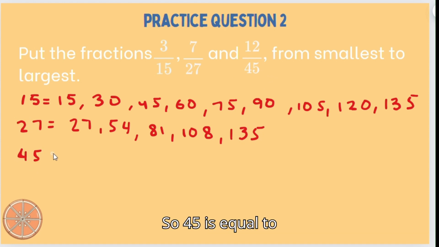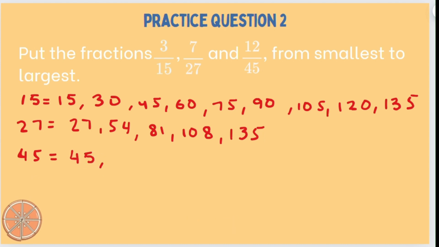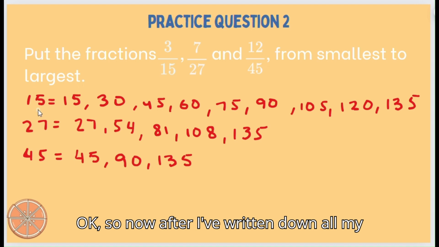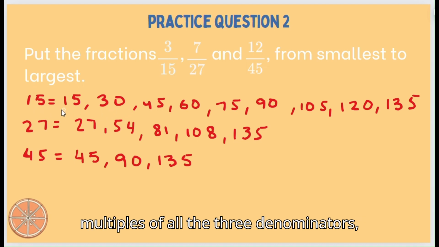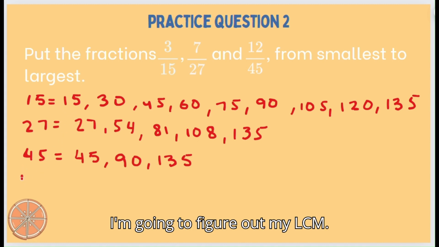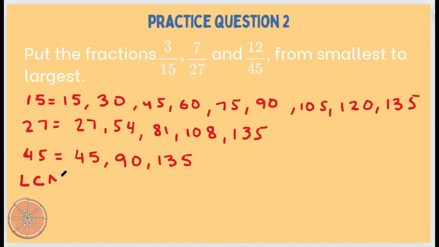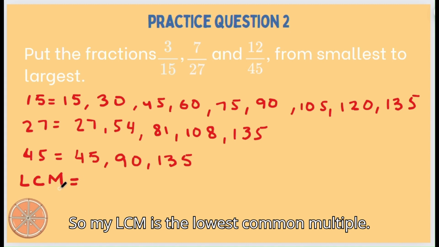So the multiples of 45 are 45, 90, and 135. Okay, so now after I've written down all the multiples of all the three denominators, I'm going to figure out my LCM. My LCM is the lowest common multiple.